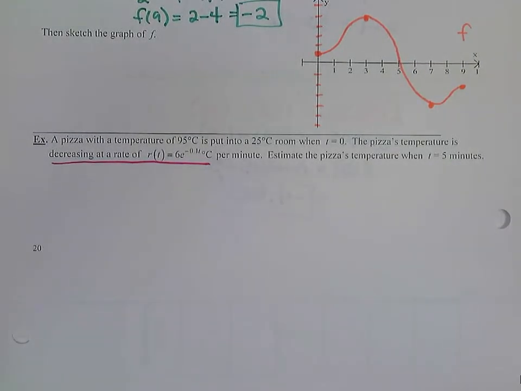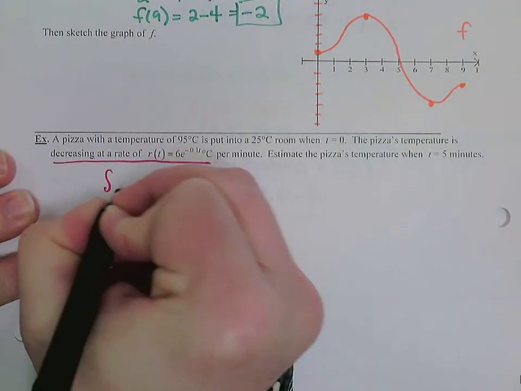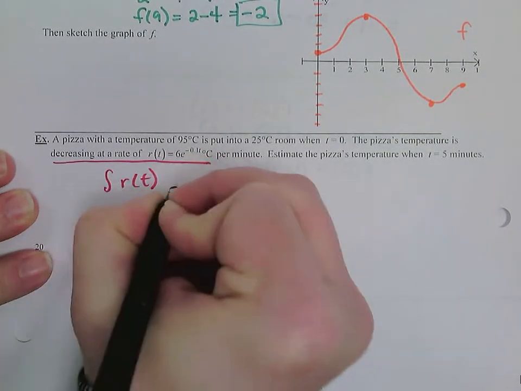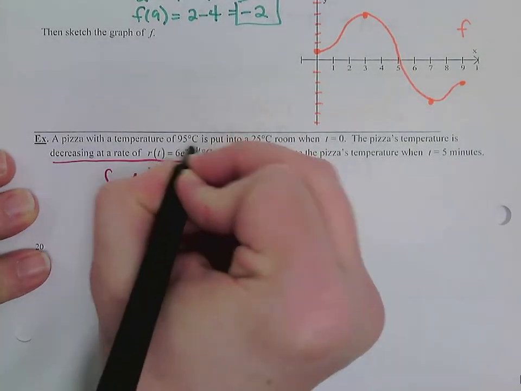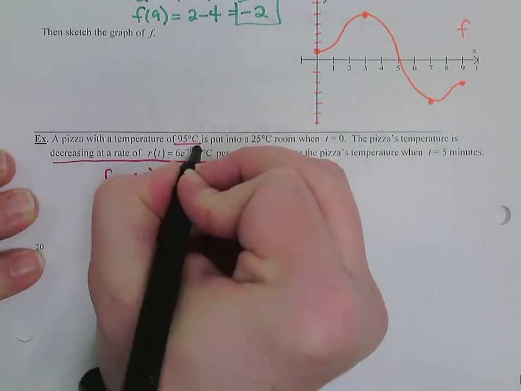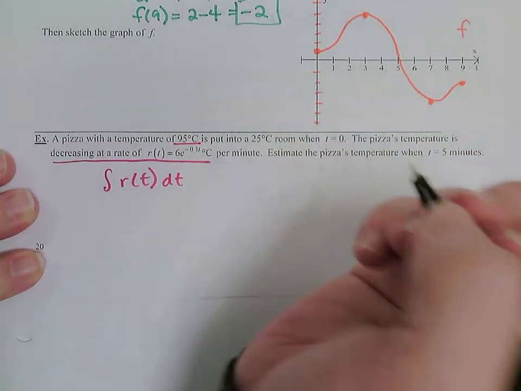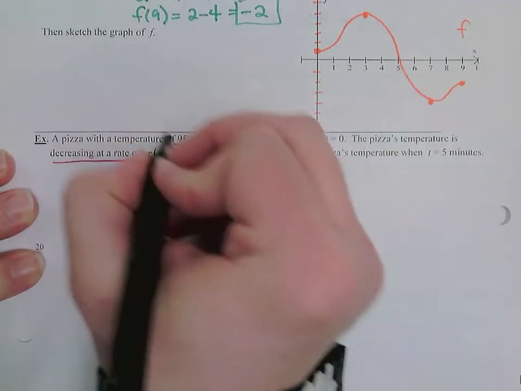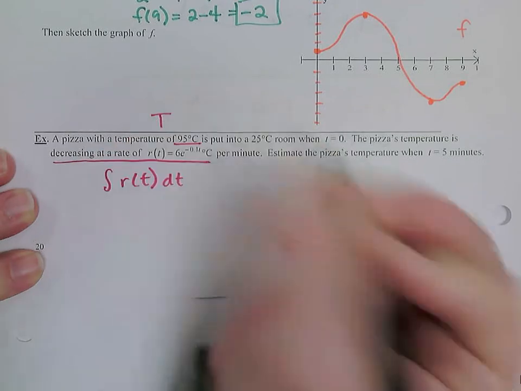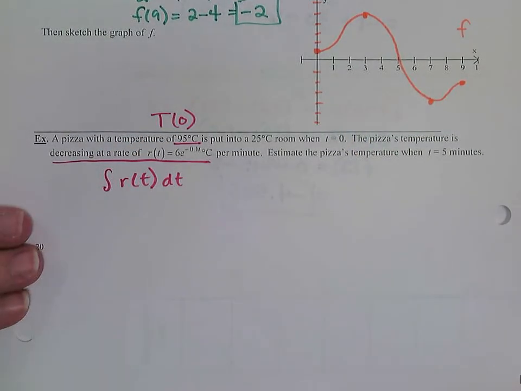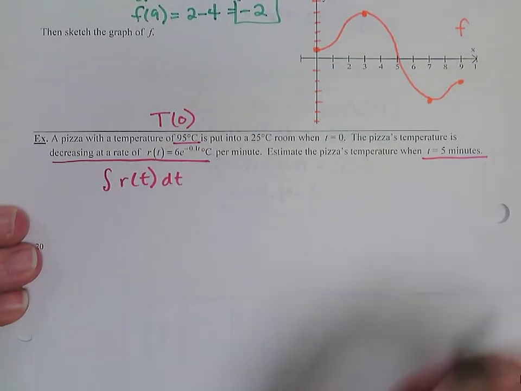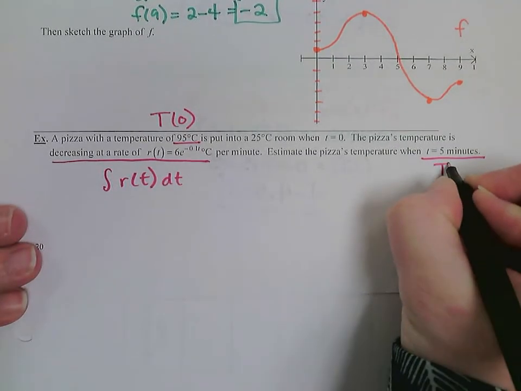If I integrate the rate of change with respect to time, well, this would be our initial condition, right? We're starting at 95 degrees, so we can think of this as the temperature. Maybe we call temperature T at time 0. And we want to know the temperature after 5 minutes, so that would be T of 5.